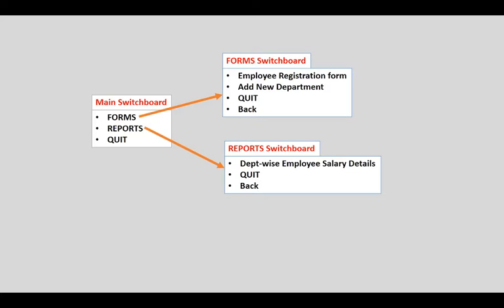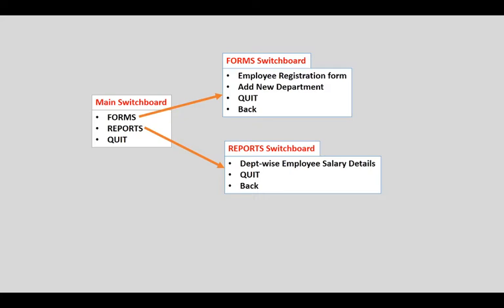We need to create 3 switchboards or 3 pages. The items in the forms switchboard are employee registration form, add new department, quit and back. If we click on any of the first 2 items, it has to open the related form. Quit has to close the application, whereas if we click on the back button, it has to take us back to the main switchboard.